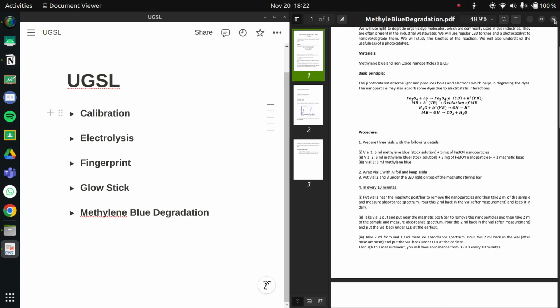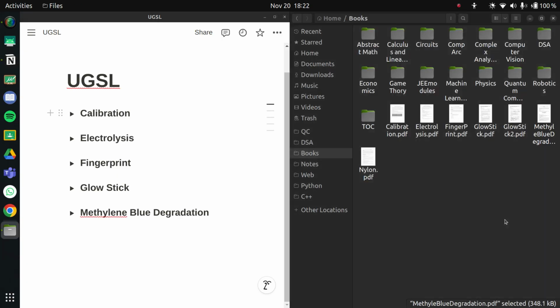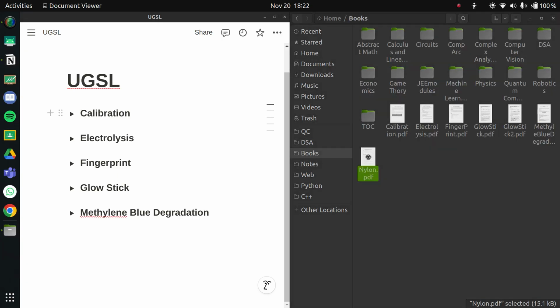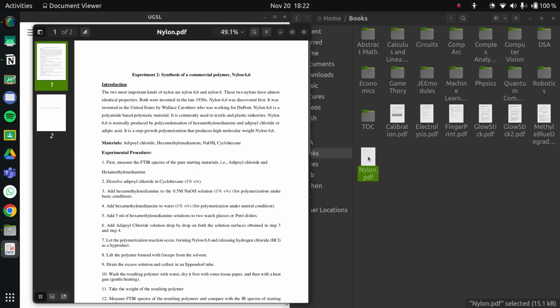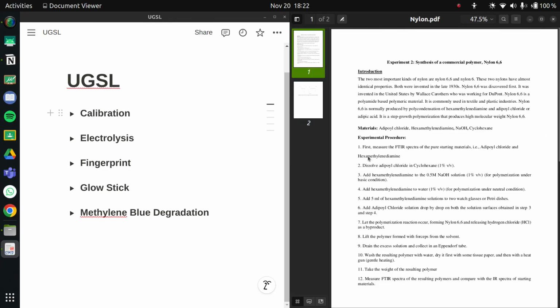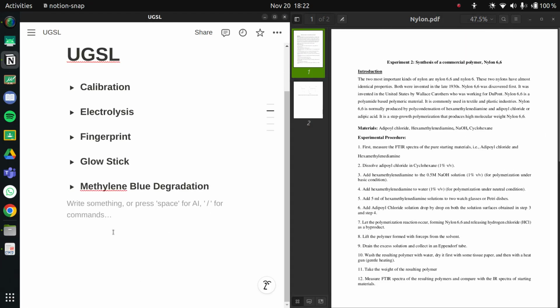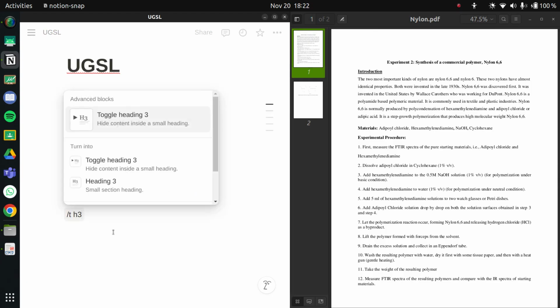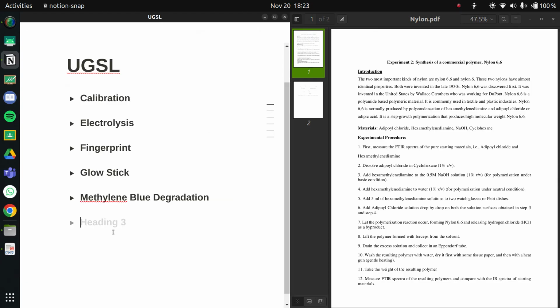Now we have a final thing. Nylon. Ah, thank God, it's a smaller one. Okay, synthesis. It's a nylon synthesis.